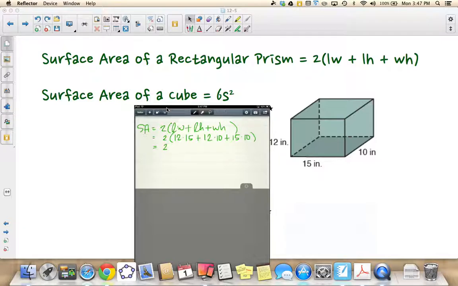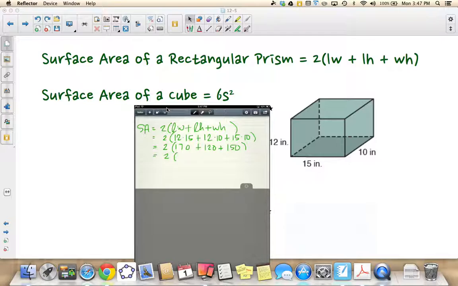Simplifying what's in the parentheses, 12 times 10 is 120. 15 times 10 is 150. 12 times 15 is, let me correct myself there, 180.